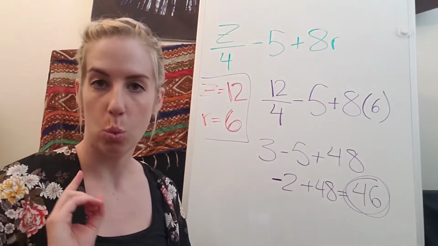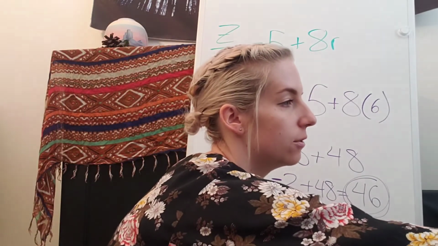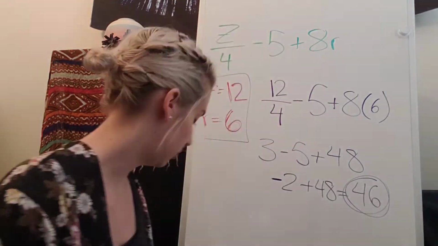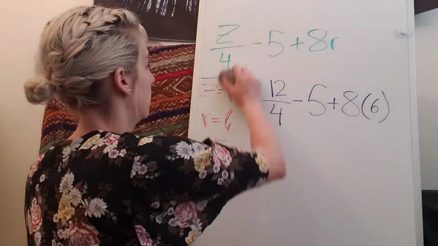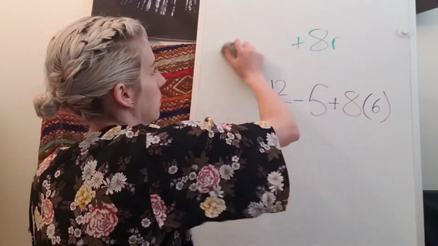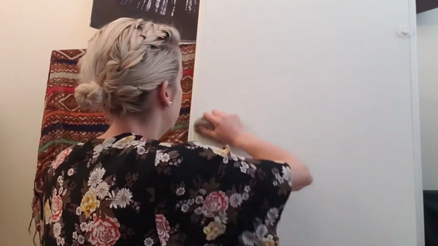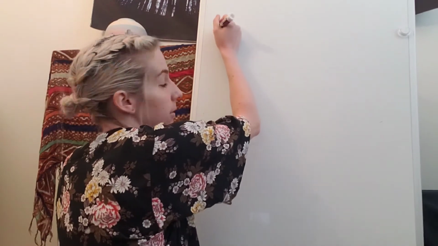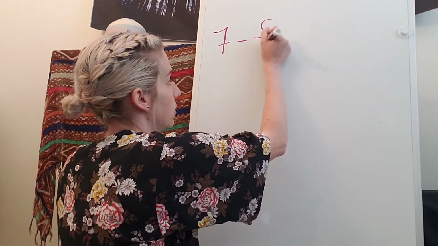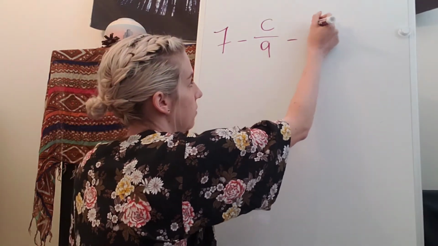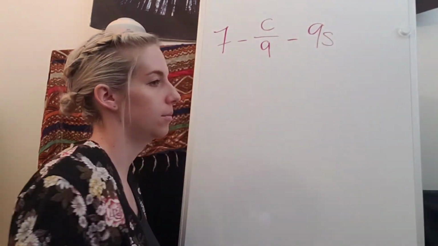Let's do one more, okay? This one, I'm going to use another fraction, just like before. Okay. So this time, let's take 7 minus c over 9, minus 9s, all right?